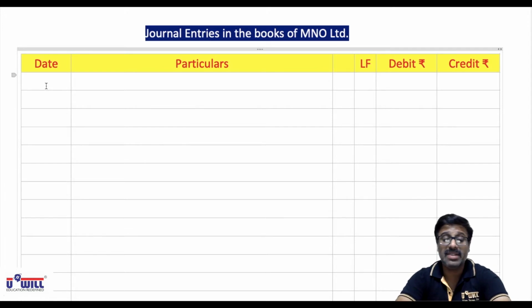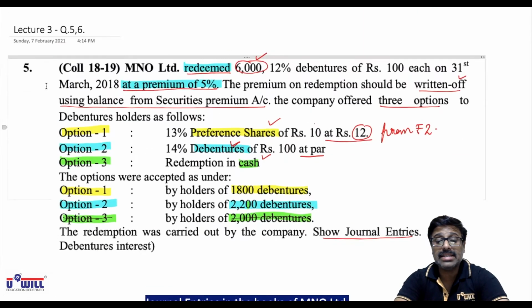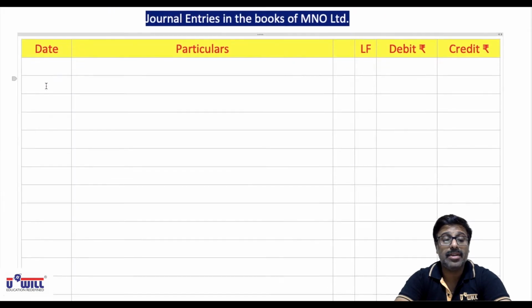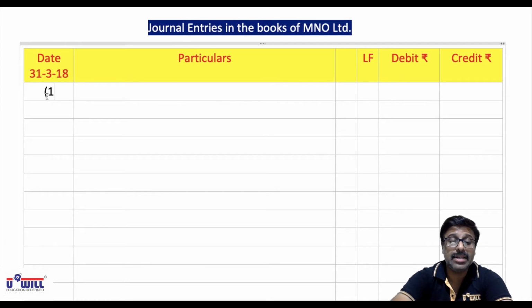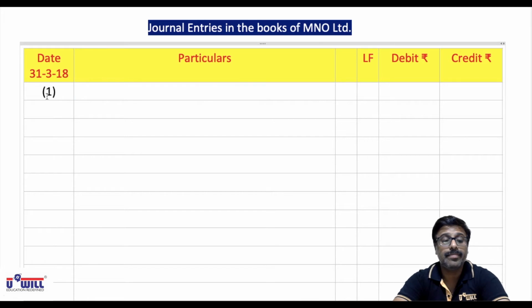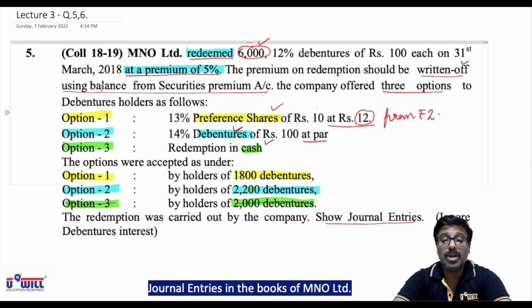I hope you are all done with the formats. Now the date is 31st March 2018, so all entries will be passed on 31st March 2018. Only one common heading can be given. The first entry we have to pass is for redemption of debentures.